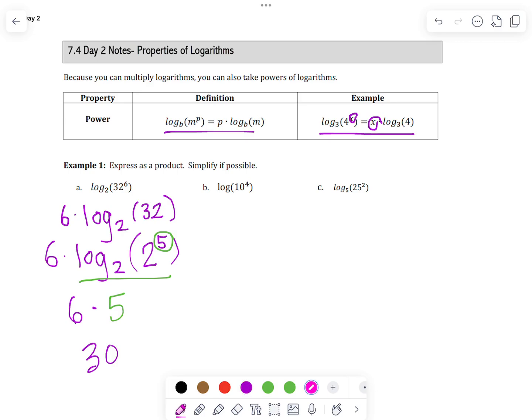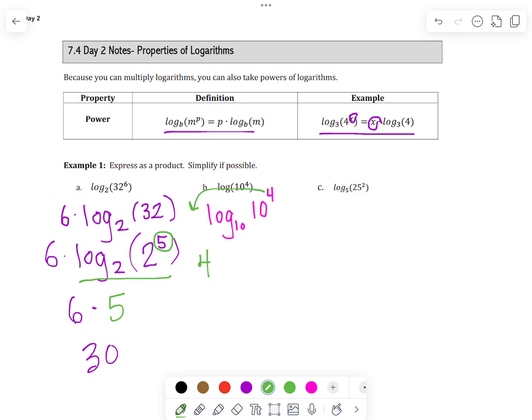Second example, this is the common log. Notice that the logarithm is missing its base, so it's assumed that it is base 10. And then we have an exponential of that same base. So one thing we can do is notice that these are inverses of each other, or we can also bring that 4 down in front.